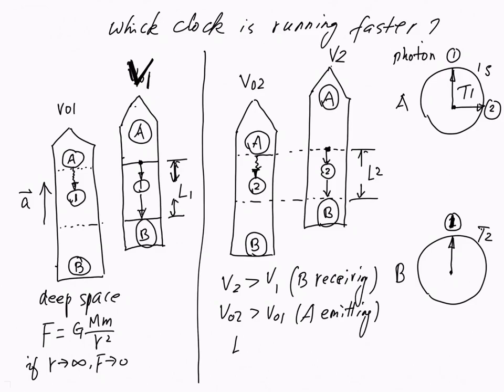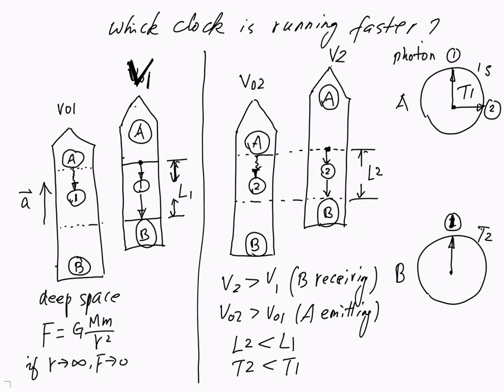By looking at this, you would immediately know that L2 is smaller than L1. Why? Because clock B travels faster at a later time when it receives photon 2. So photon 2 takes less distance before it hits clock B. It also means it takes less time for photon 2 to travel from clock A to clock B.